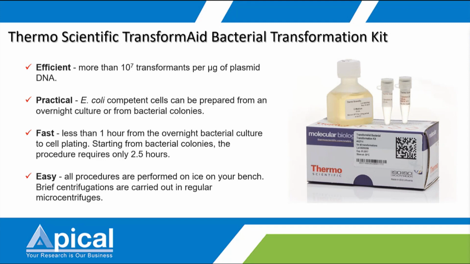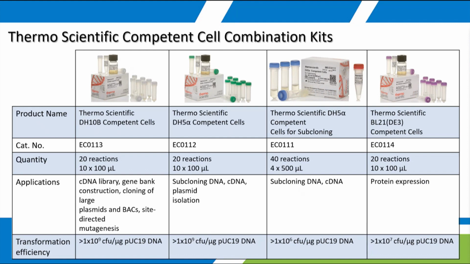This kit is very convenient, where you can use cells from an overnight culture or from a bacterial colony as the competent cell. So it's fast and easy to use. Under Thermo Scientific, we also have different types of competent cell, depending on your application.